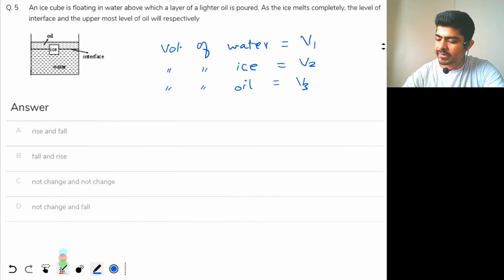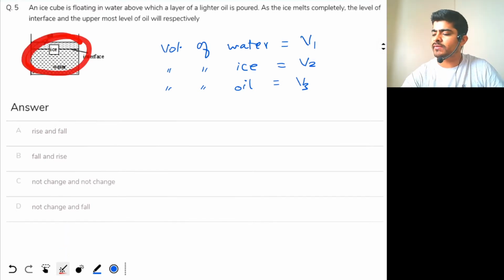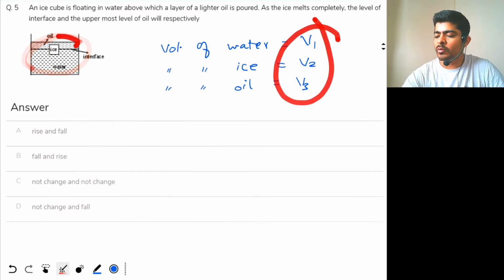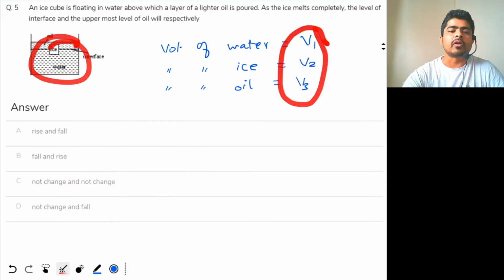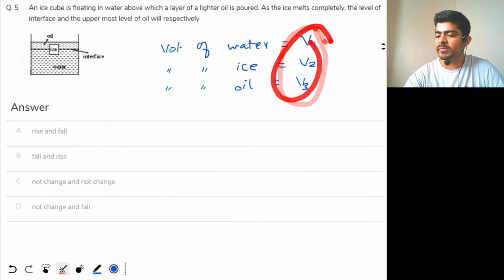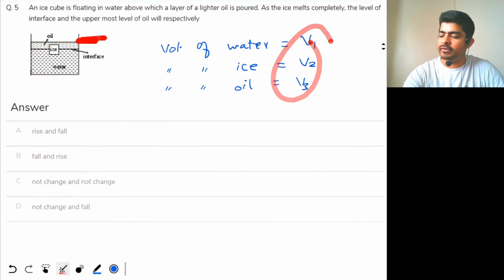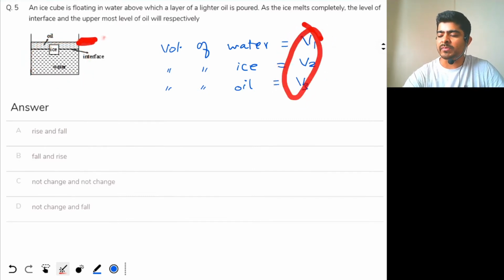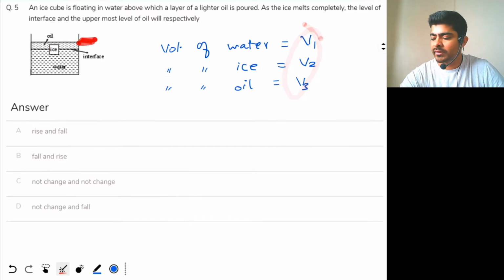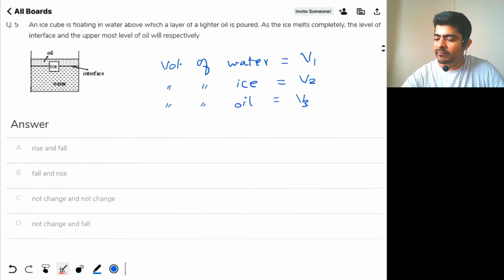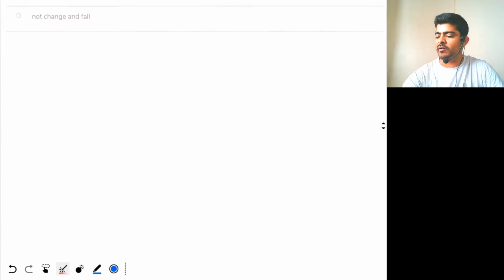So this total volume that is visible to us will be the sum of all three, right? Total volume over here will be the sum of all three. So that sum of all three gives me the level of oil. Sorry, level of oil. But now let's first look at what happens to the water level. Then we will discuss the oil level.